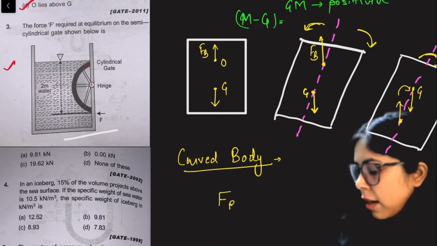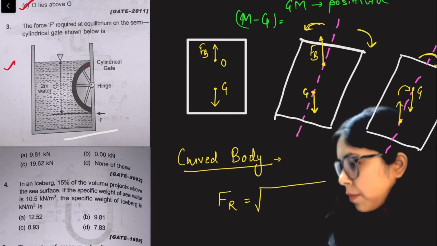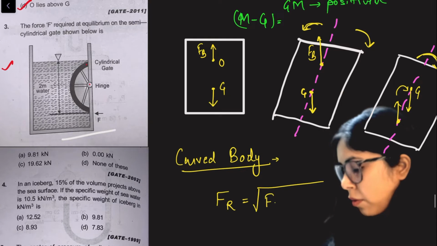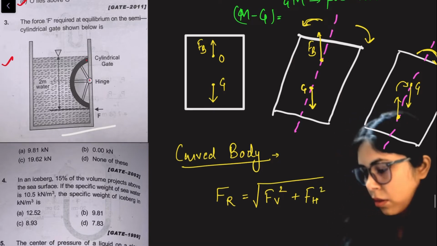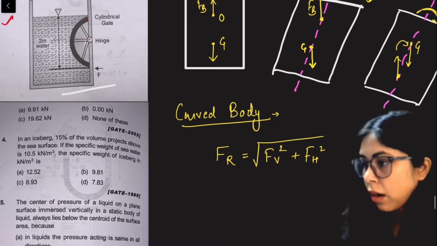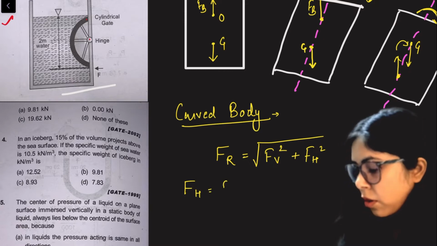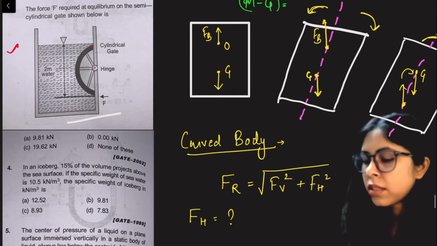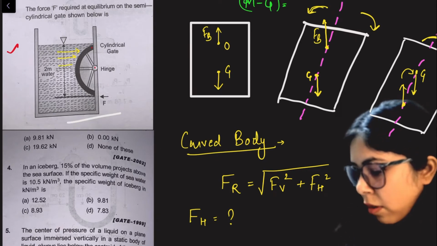So the resultant hydrostatic force is nothing but the square root of the vertical hydrostatic force squared plus the horizontal hydrostatic force squared. So it is the summation of vertical and horizontal. Now what is the horizontal force?